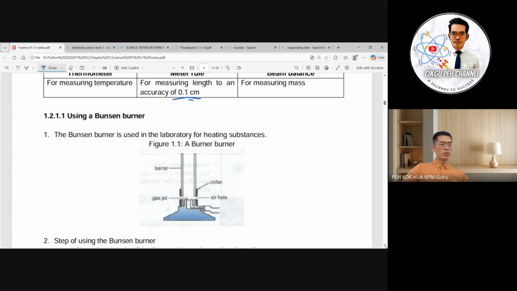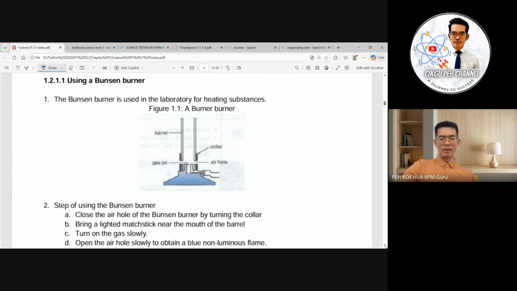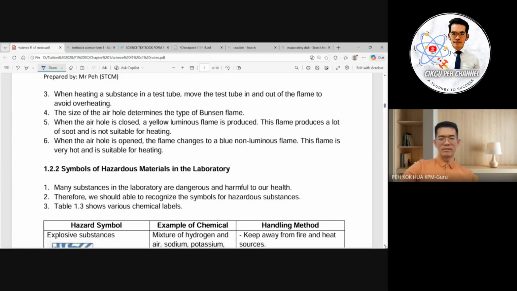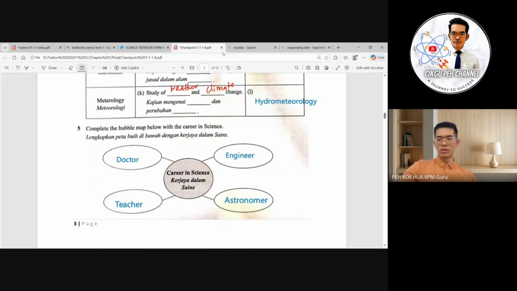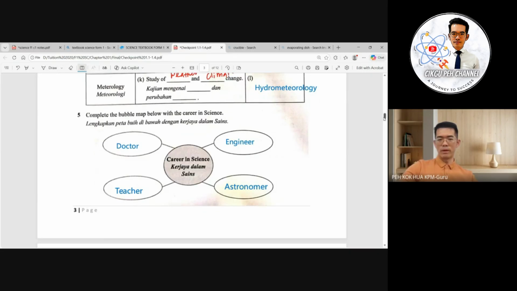Okay, so your notes is a little bit different from my one because I cut to shorter already. Okay, so before we go to simple hazardous, we go for our checkpoint first. Checkpoint. Okay, we back to checkpoint A1.